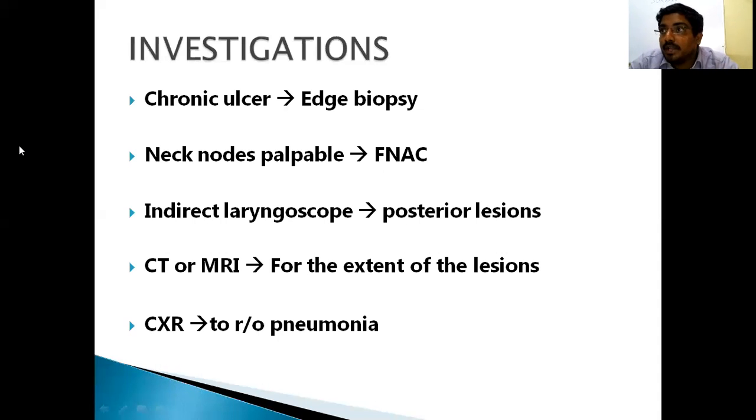That's why before going for edge biopsy, you have to go for MRI. Then X-ray: chest X-ray for pneumonia and secondary lesions in the lung, and X-ray of the skull to know whether any mandibular extension is present or not. Okay, before edge biopsy you have to go for MRI, because the primary lesion distortion will be present on edge biopsy.